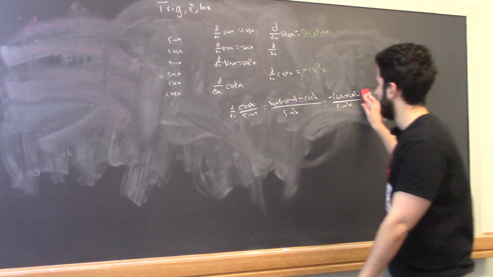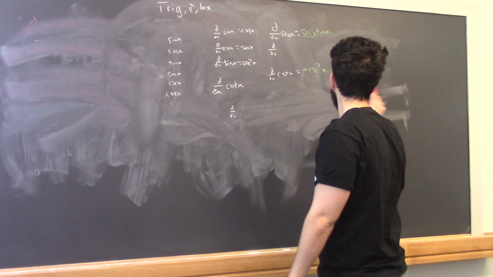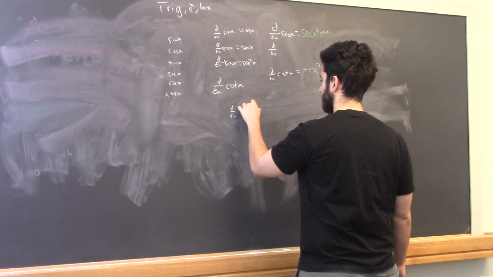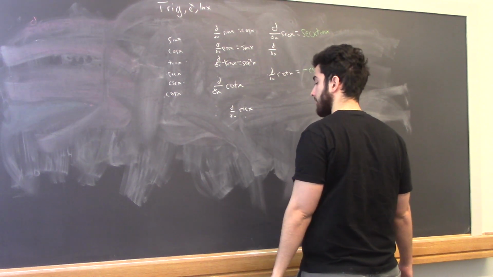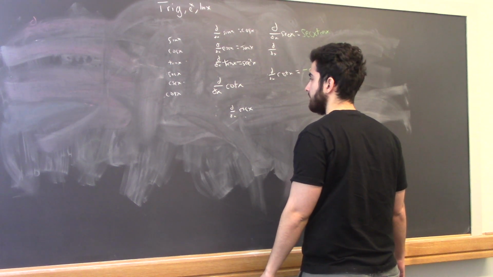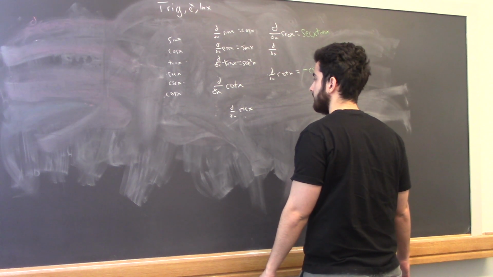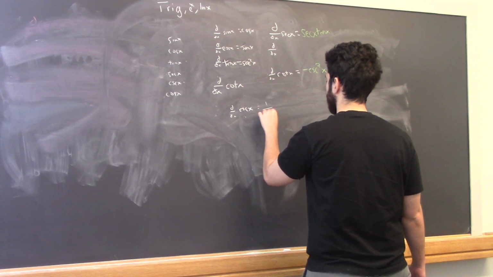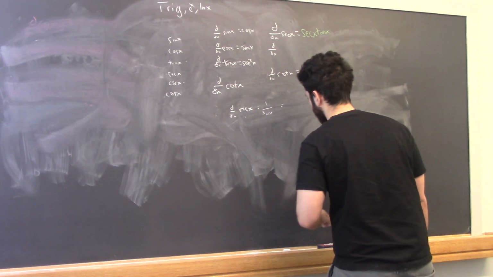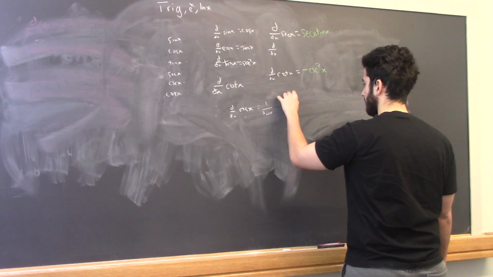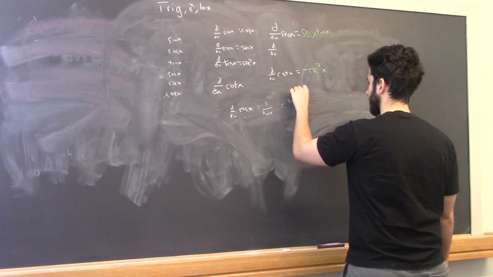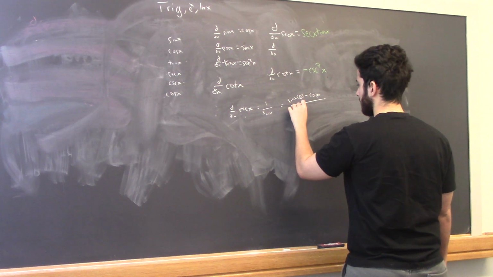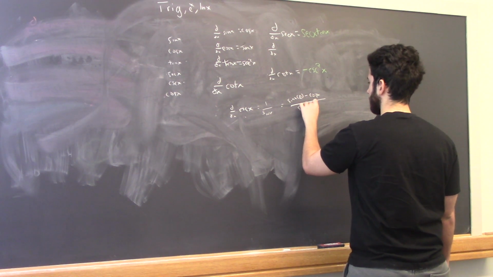All right, and by process of elimination, the next one is going to be the derivative of cosecant. As always, pause the video, give it a shot. All right, let's do it. This is 1 over sine of x. So now we're going to differentiate it. We're going to get low d high minus high d low over low squared.